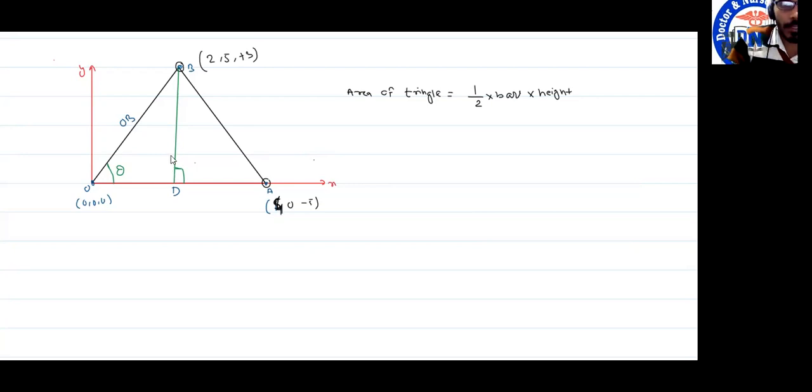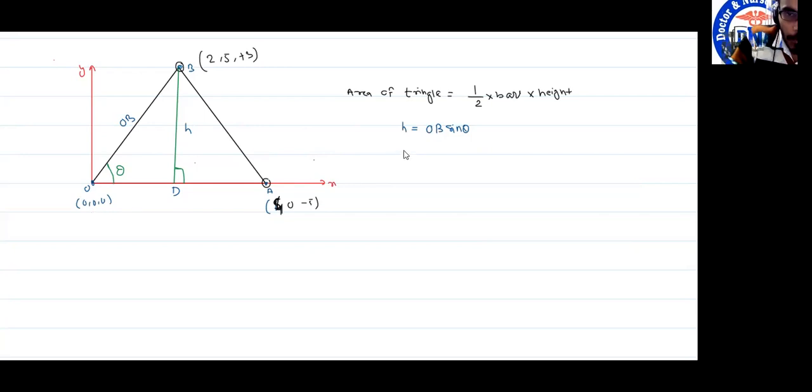You have to resolve the component. This is the length OB, then this becomes OB sine theta. This is the height. So height is equal to OB sine theta. And in this manner, OD is OB cos theta.